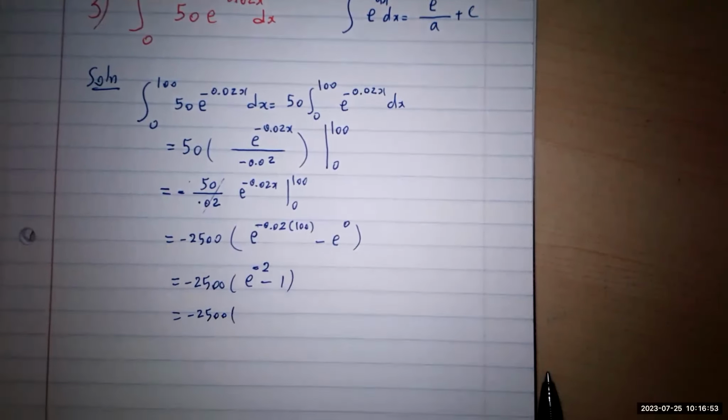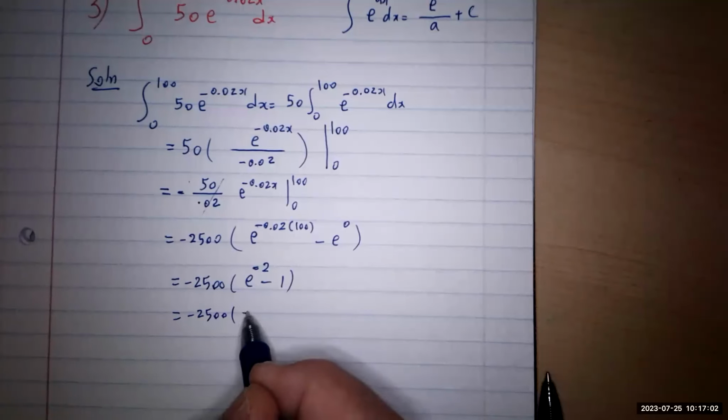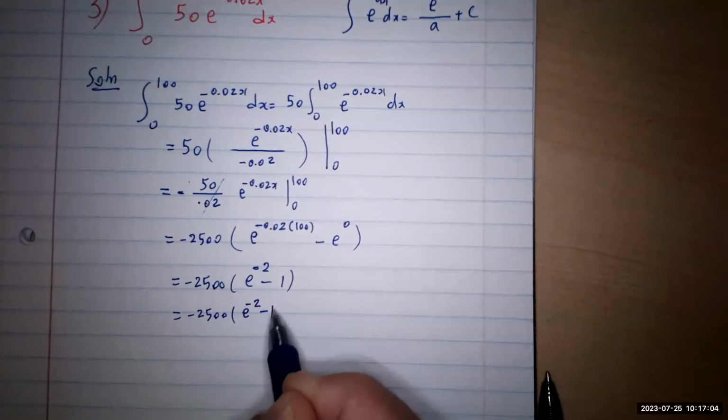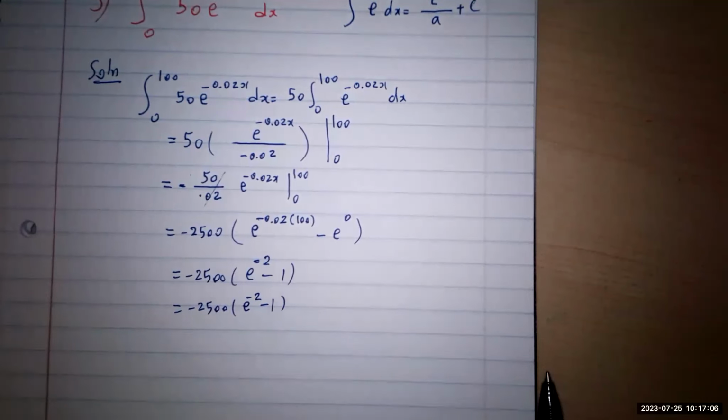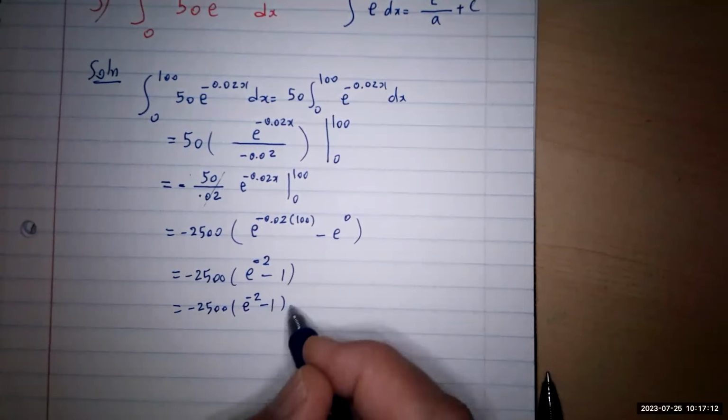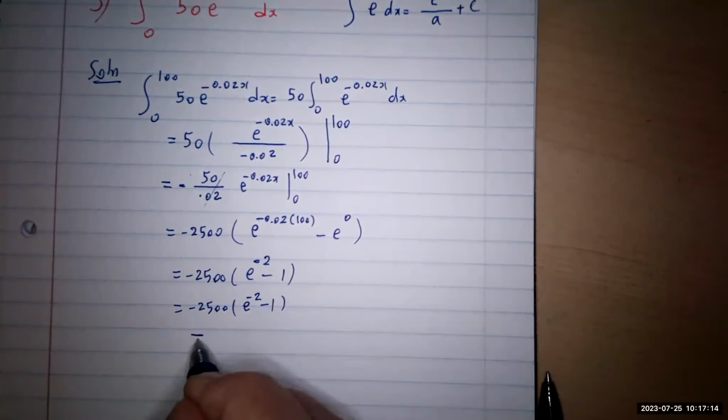Then you can use your calculator to get these numbers. You can write them as 1 over e squared minus 1, but we don't accept this one. You have to use your calculator and give us the numbers. If you use your calculator, I have the final answer, but check it for yourself.